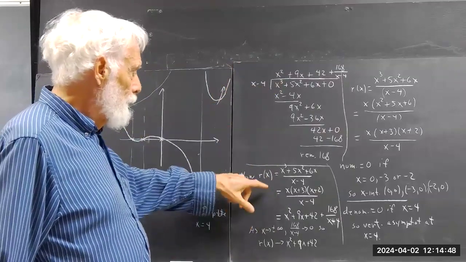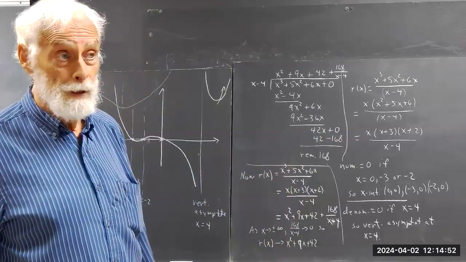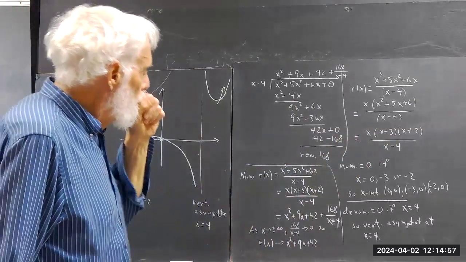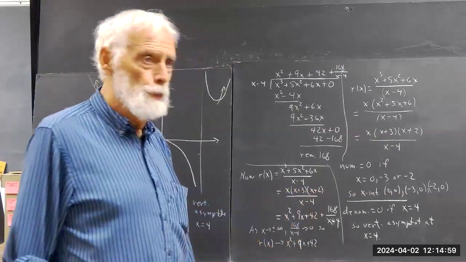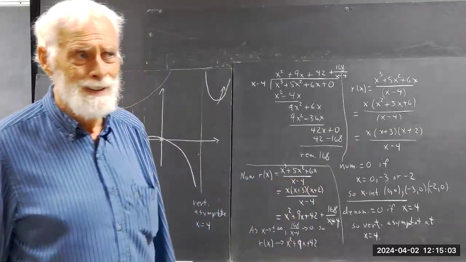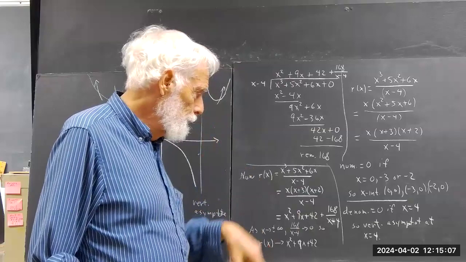Now, here we say R of x has three different representations. You've got the original representation, which is the way a lot of these things occur. You've got a factored representation, which in real life you can never do, but you still want to understand the theory of this.